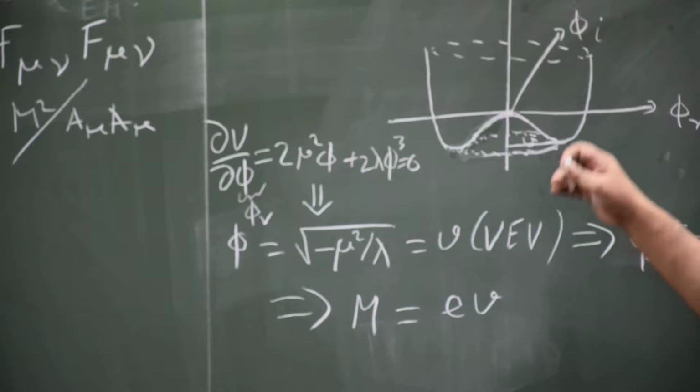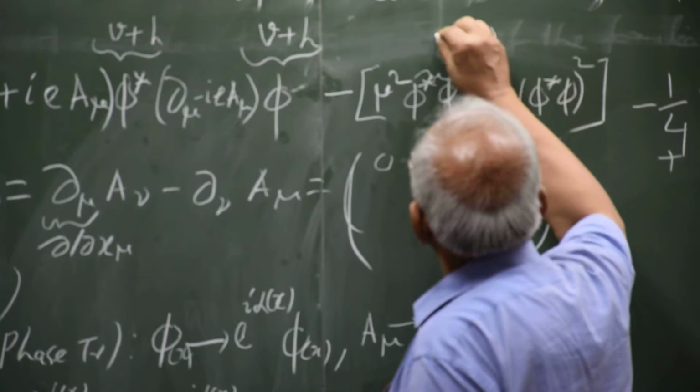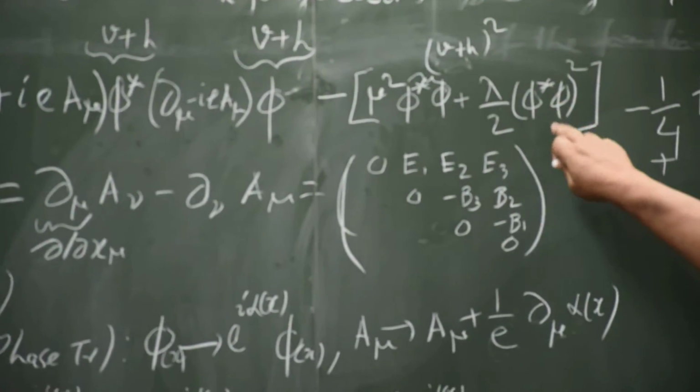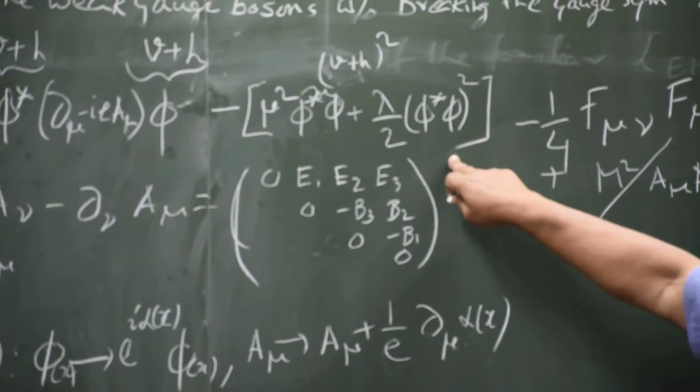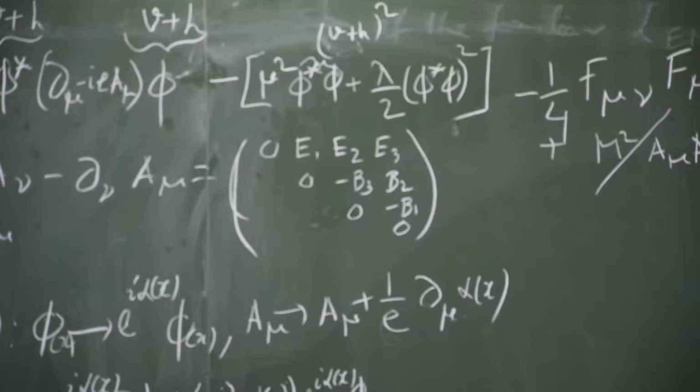What about the physical scalar field H? You can make the same transformation here. Actually, this will be V plus H whole square, and this will be V plus H whole fourth. Then you look at the coefficient of the H square term. The coefficient of the H square term will give you M_H.